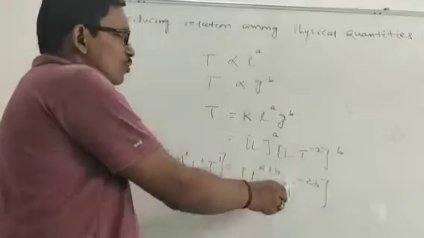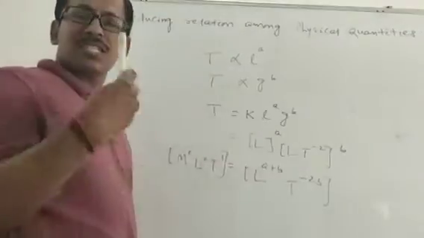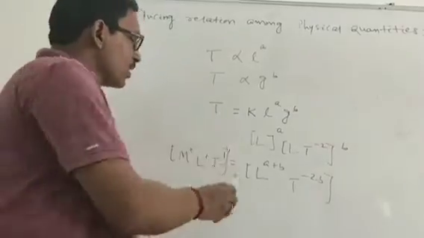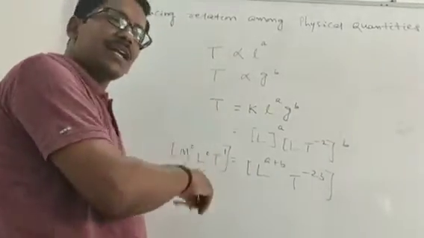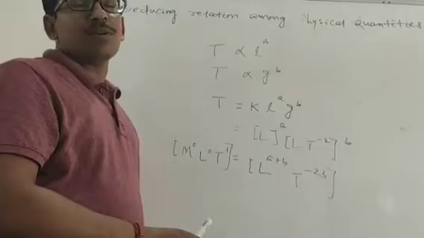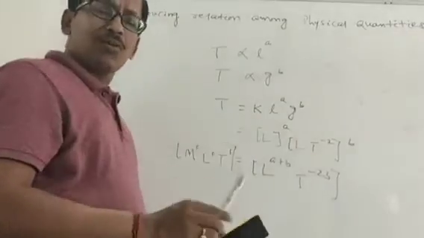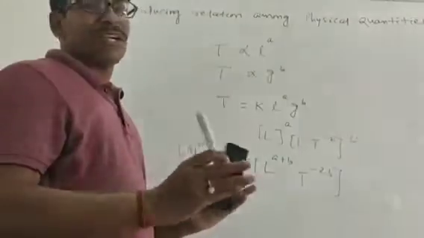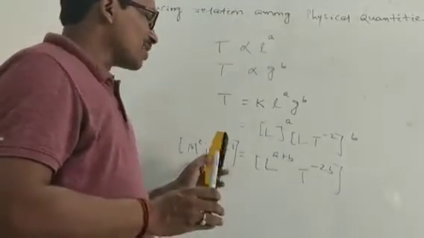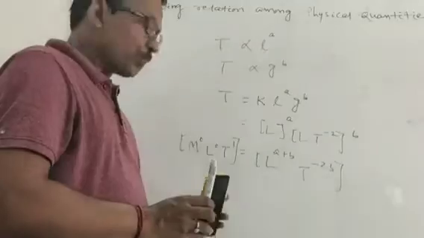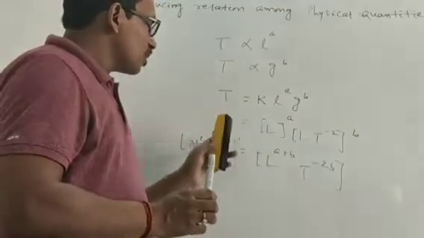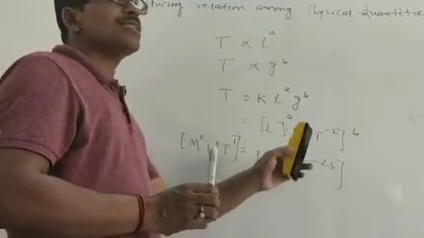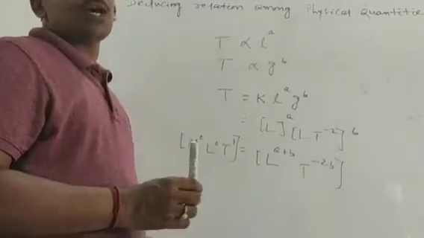Now, as these two sides represent the same quantity, the dimensional formula of the left side must be equal to the dimensional formula of the right side. Let us equate the powers of the fundamental quantities. Powers of mass: 0 here, also 0 here. Power of length is 0 here, and here the power of length is a plus b.